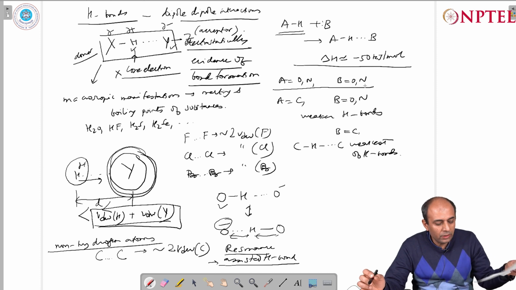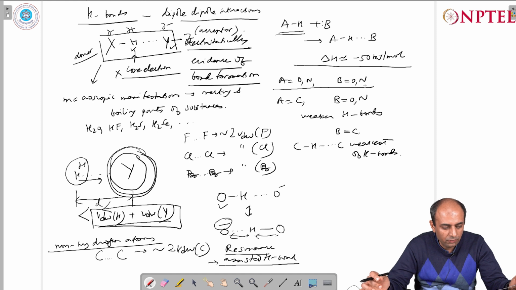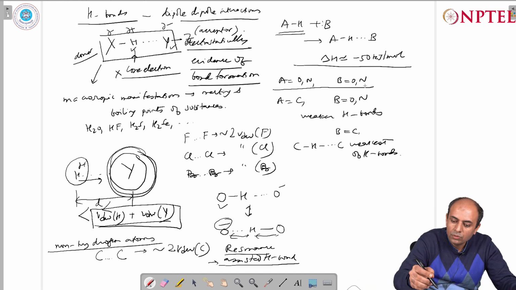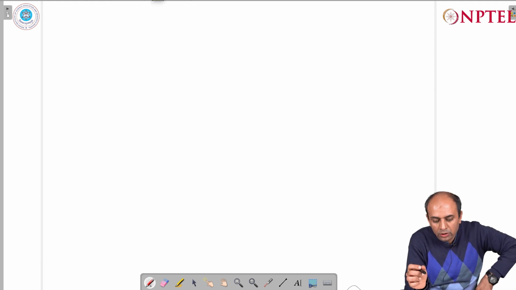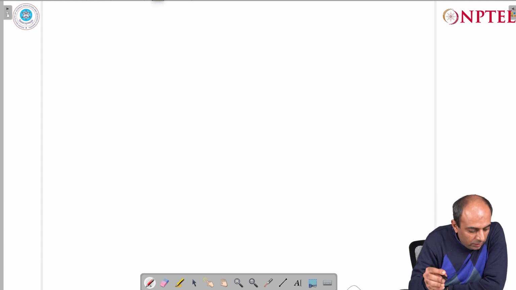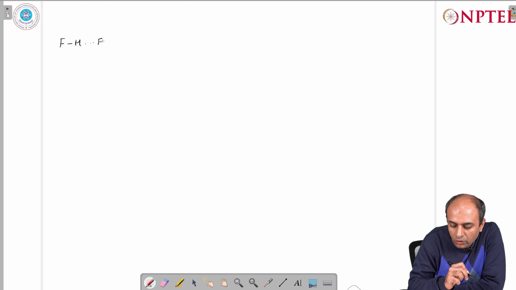Now it is also important to realize what distances are observed in the case of strong hydrogen bonds. So let us go to the next page. Here I would like to give you a chart where we look at these distances more carefully and appreciate the distances involved in hydrogen bond recognition. For example, let us take fluorine, FHF.